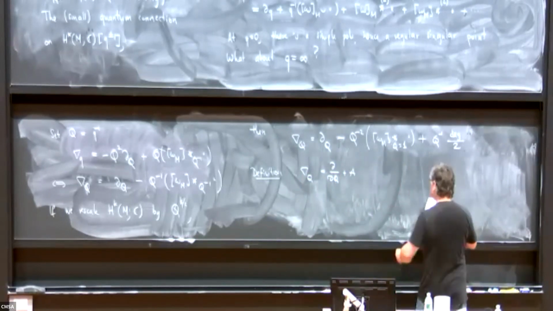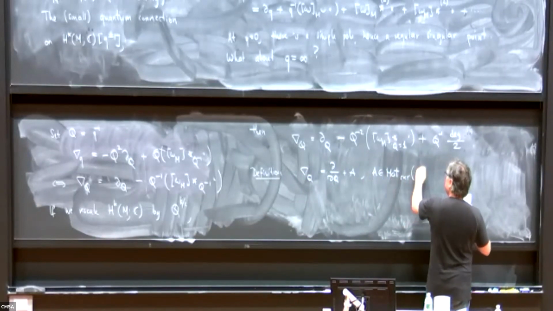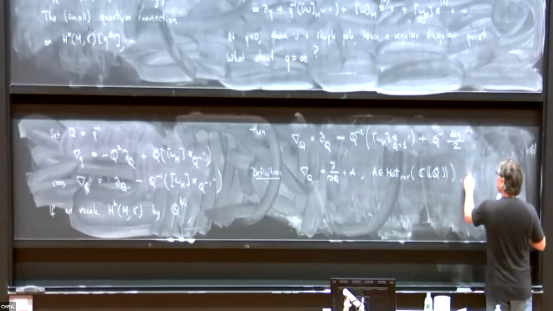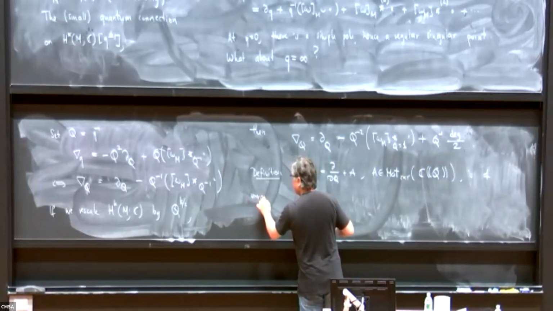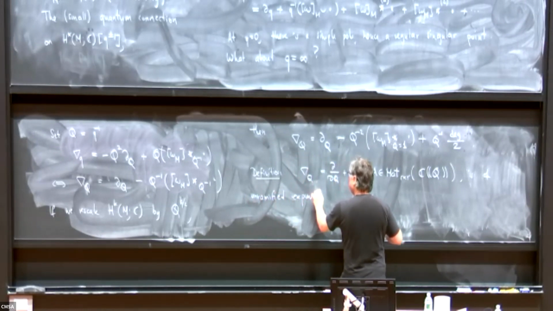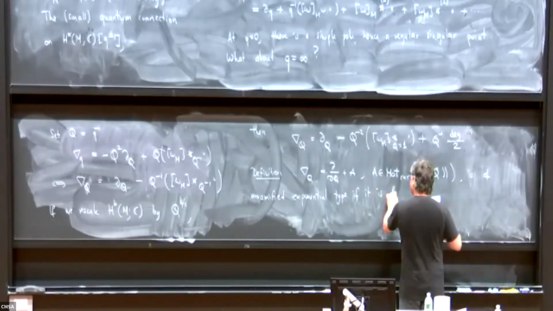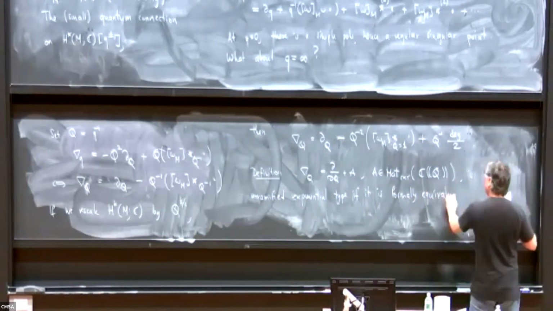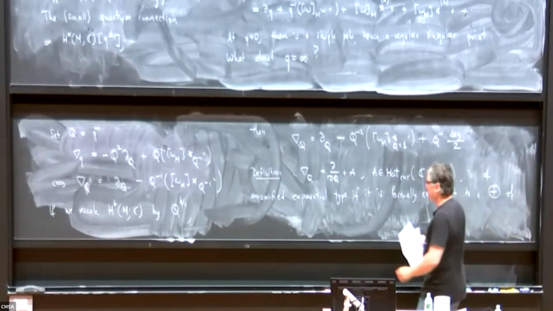So if I look at a connection here, so these are matrices that have Laurent series in q, it is of unramified exponential type if it's formally equivalent to a direct sum of connections of the following form.